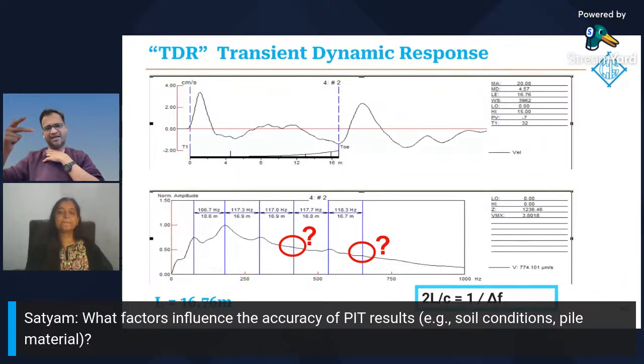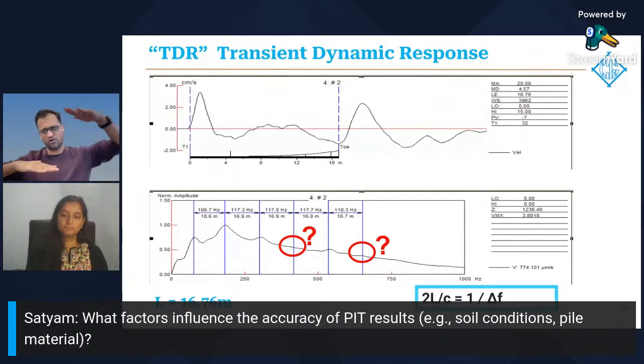Step number three is invest in a PIT consultant who knows what they're doing. They're not simply in the business of producing PIT reports. They should be engineers who know what PIT means. They should be able to interpret and process the PIT data properly, and they should also be capable of correlating the PIT data with your soil report, with your bore logs, with your load test data.